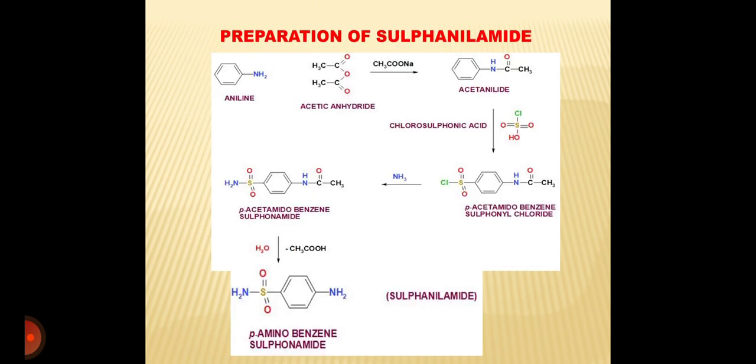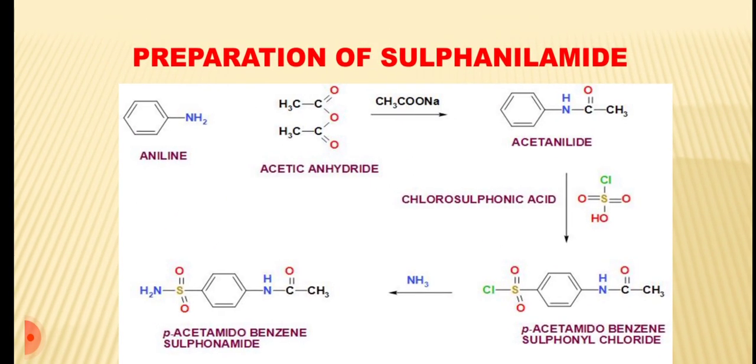The next is a very important part, that is preparation of sulfanilamide. Here aniline is reacted with acetic anhydride in presence of sodium acetate to form corresponding acetanilide. Acetanilide on reaction with chlorosulfonic acid gives formation of para-acetamidobenzene sulfonyl chloride.